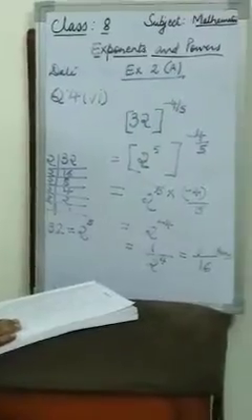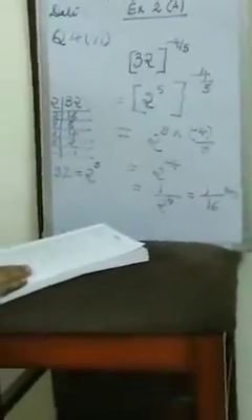In question number 5, again we have to simplify the given expressions. Now we have a combination of 2 or 3 laws together.